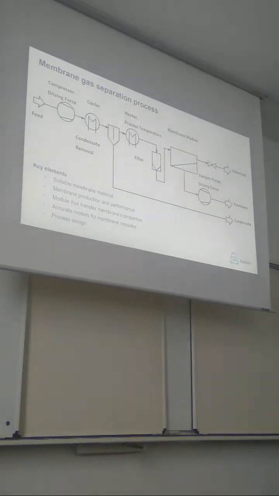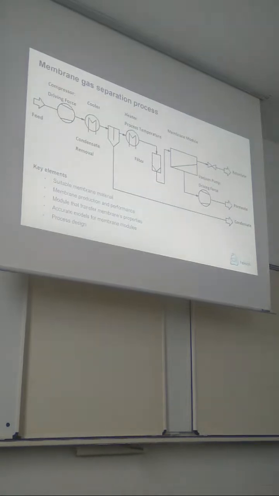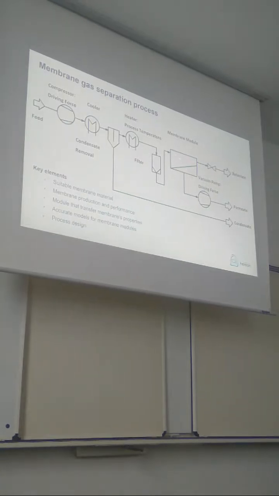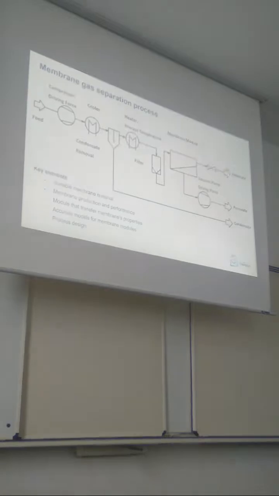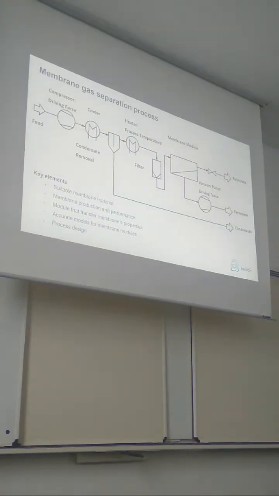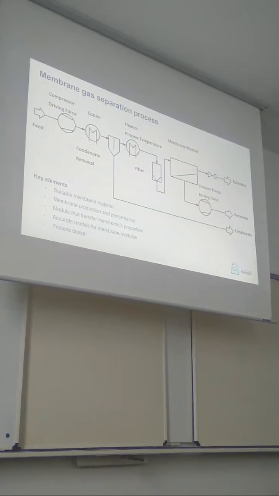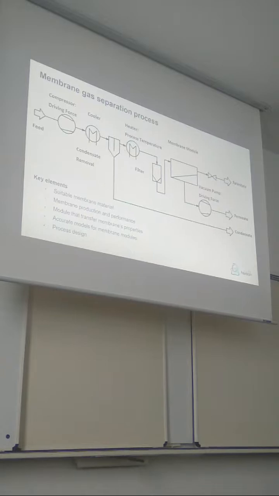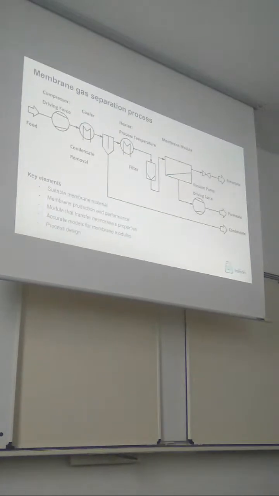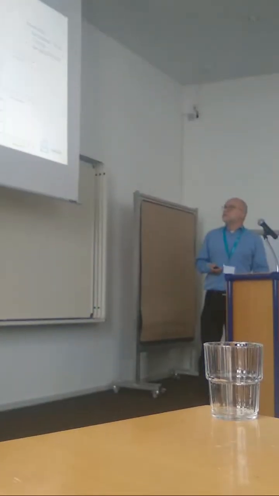You don't want to have any particulates either, so you've got a filter. And then you come to the actual membrane system itself. That separates the feed gas into a high pressure product, that's the retentate, and a low pressure product, that's the permeate. And sometimes we even apply a vacuum here to further increase the driving force and adjust the pressure ratio. So you've got a lot of different elements that fit into such a membrane process.